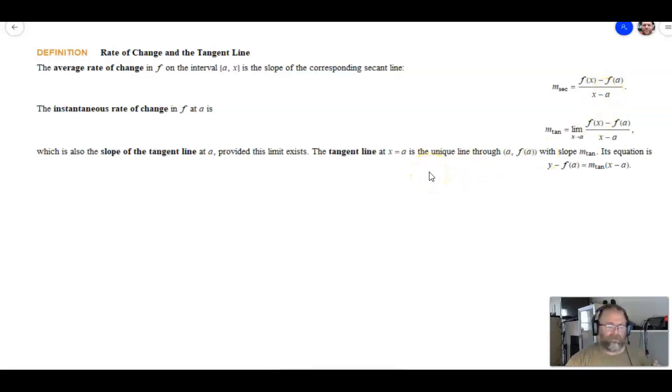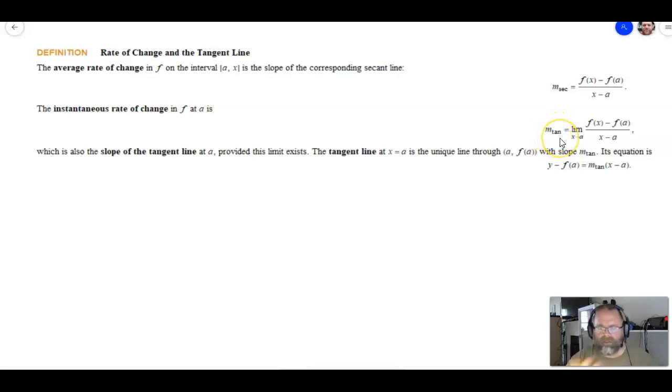So we look to see as one of the points gets closer and closer to the other point, one of the x values gets closer and closer to the other x value, we can then estimate or take a good guess at what the slope of the tangent line is at that point.